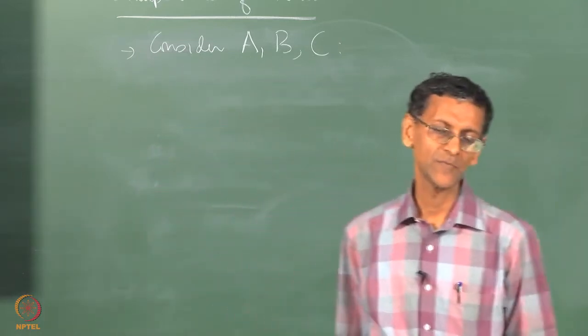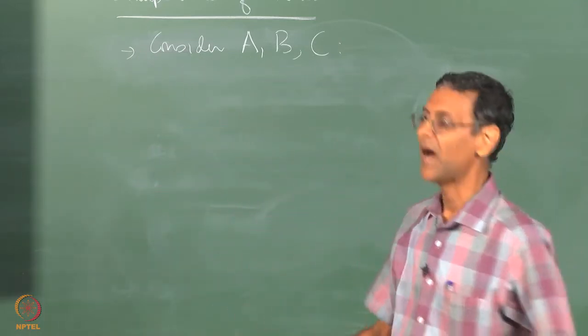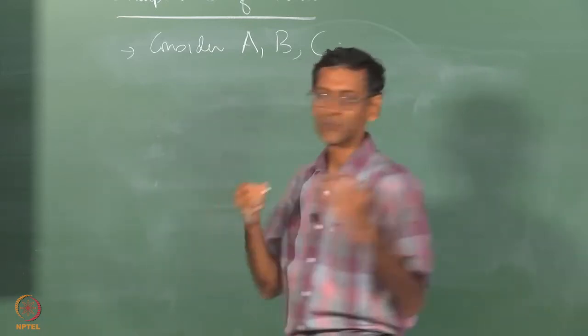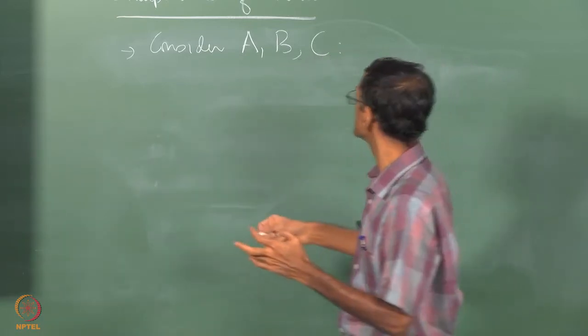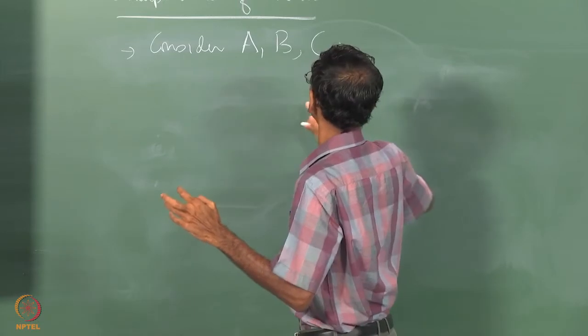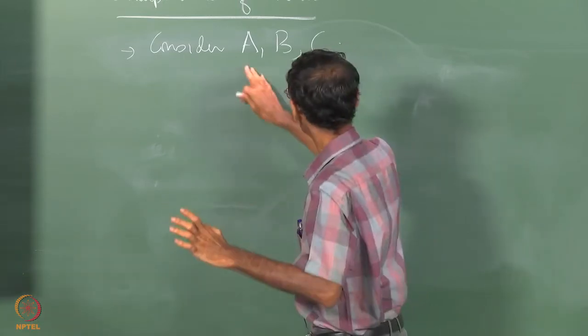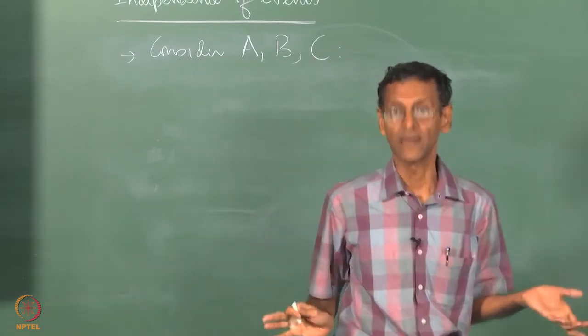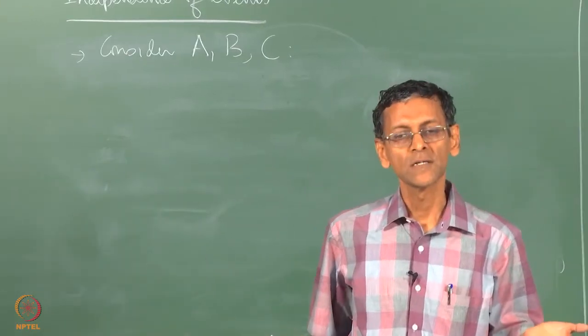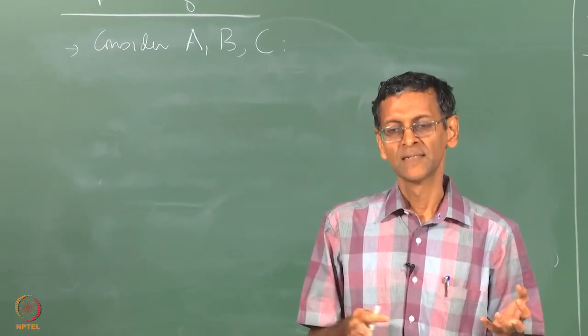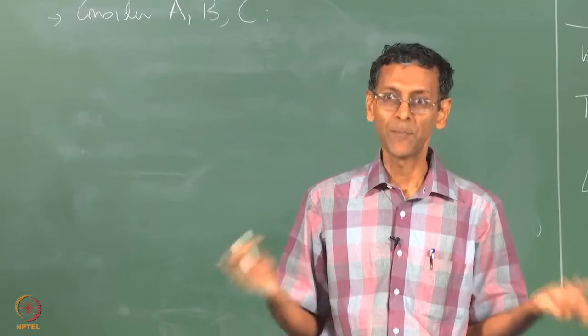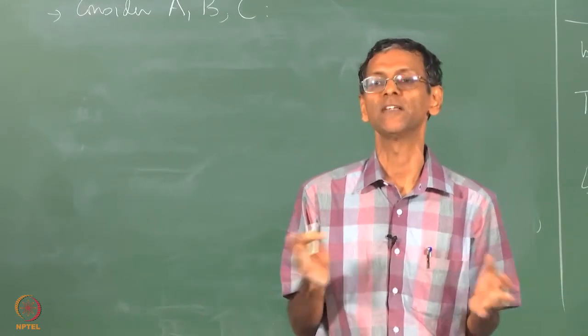When do I say the 3 events are independent? Now, I have more things that I can do. I can consider A and B C, or I can consider A and B union C and things of that kind, right? So I want not just pairwise independence, I also want something beyond pairwise independence.